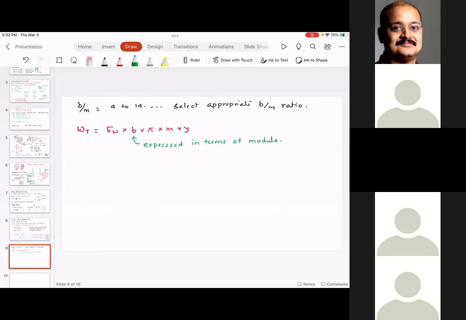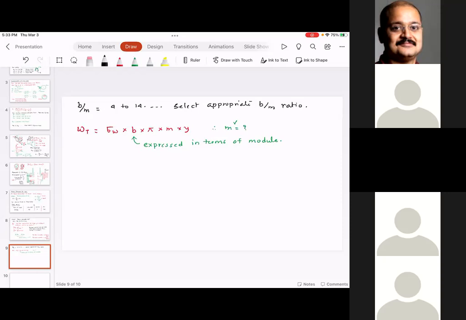The next step, here everything would be known, so from here you can find out the value of M.